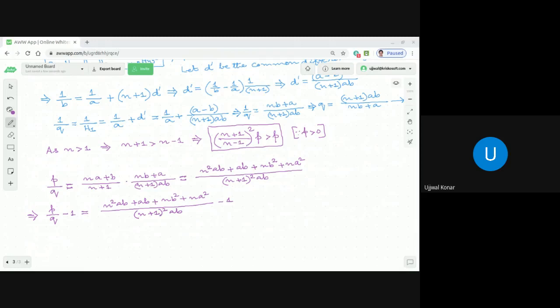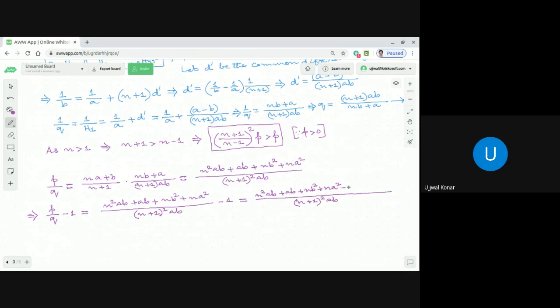So now if we simplify this, what are we going to get? The denominator is the same thing: (n plus 1) whole square into ab. In the numerator, we get n square ab plus ab plus n into b square plus n into a square, minus (n plus 1) whole square, which is n square plus 2n plus 1.